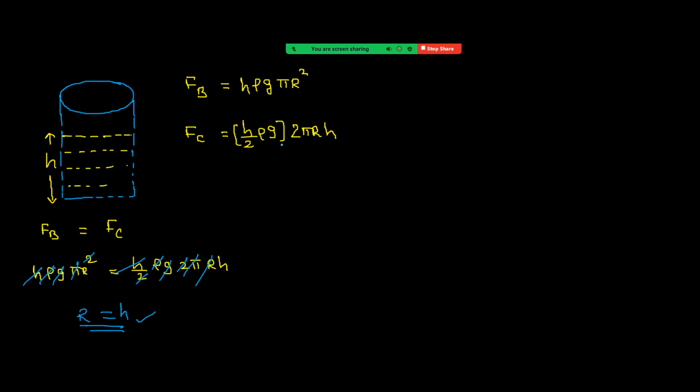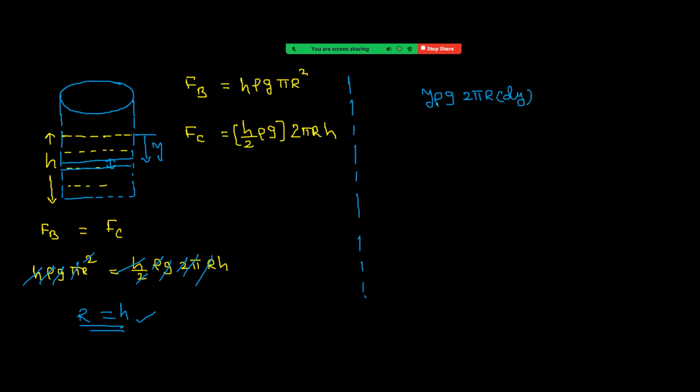For example, if you do not know this result, then see how to calculate the force on the curved part. We take at a depth y a strip of width dy. The force acting on that strip at a depth y: pressure equals y rho g, into the corresponding area, that is 2 pi r into dy.